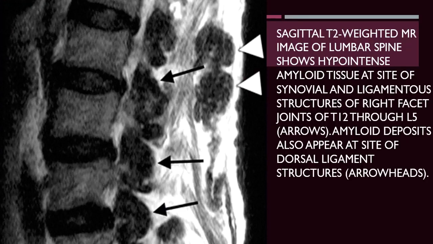Again, hypointense amyloid tissue at the site of synovial and ligamentous structures of the right facet joints of T12.